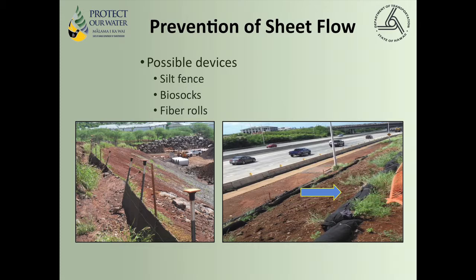What you want to do is prevent sheet flow down the face of an exposed slope. And this picture on the left gives you a really good indication of why. The sheet flow actually collapses silt fence. Now, this silt fence is not your typical silt fence. This thing is backed with wire, so it's a lot stronger than your normal run-of-the-mill silt fence installation.